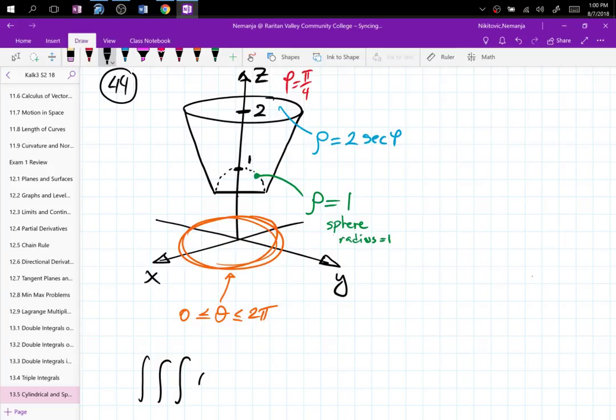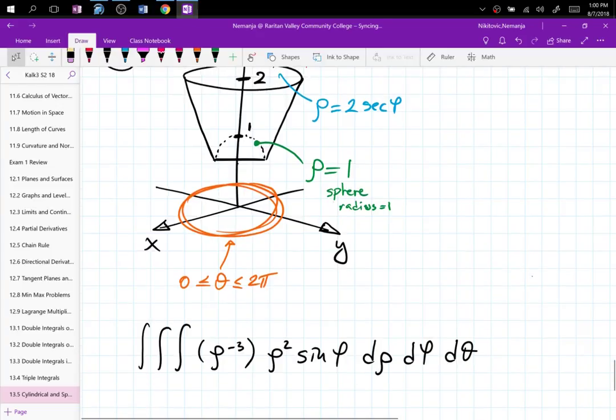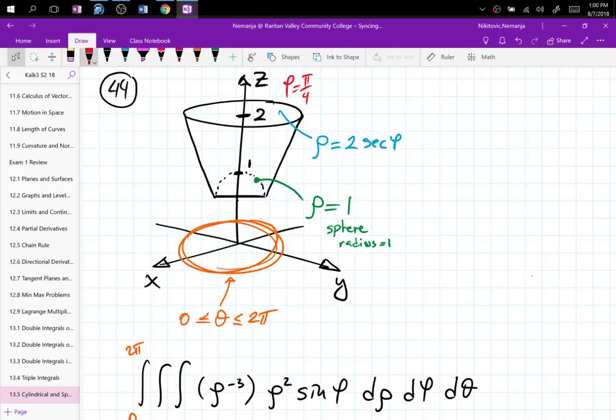So now if I want to set up my triple integral for spherical coordinates, they are actually asking you to compute rho to the negative 3. Then we have our rho squared sine phi d rho d phi d theta. Theta, that's my orange, 0 to 2 pi. Then we have phi. Phi is my red. Red is phi is 0 along the z-axis, and phi is pi over 4.